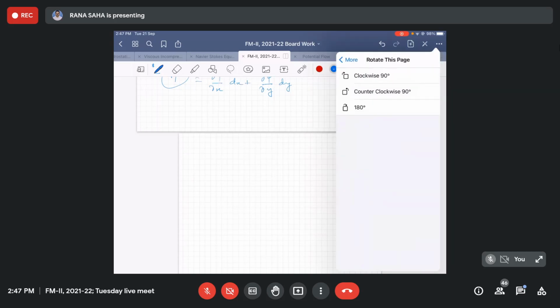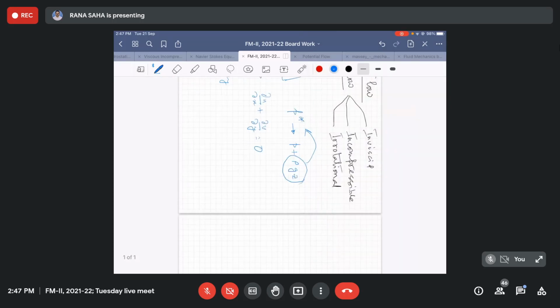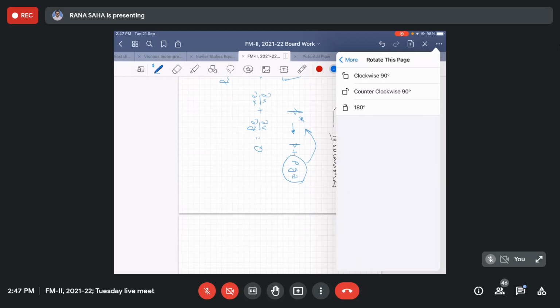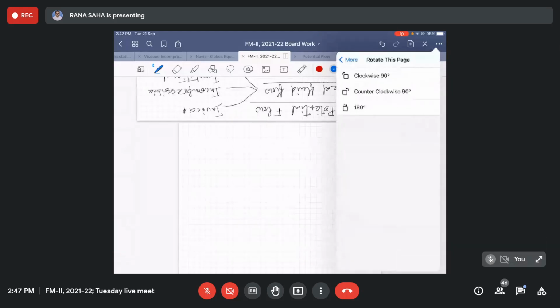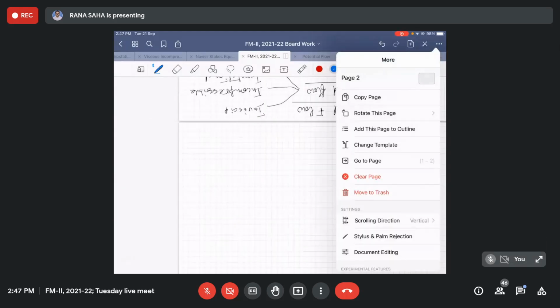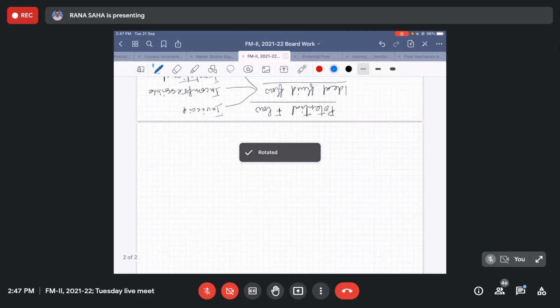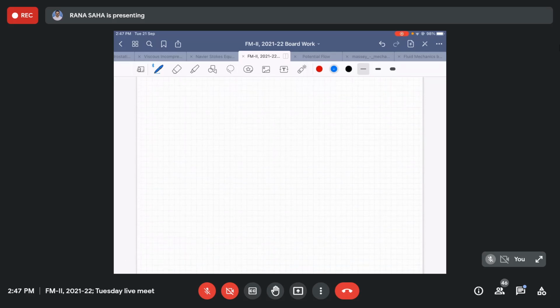So, if these are the streamlines of a particular flow, as you encompass more number of streamlines, you will be having more amount of flow rate, isn't it?